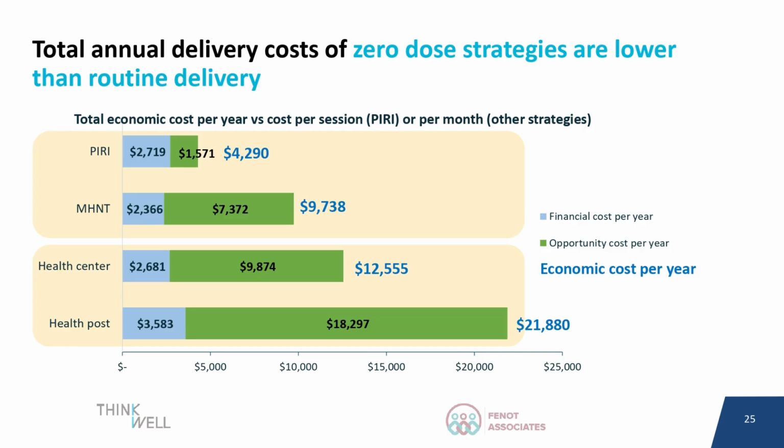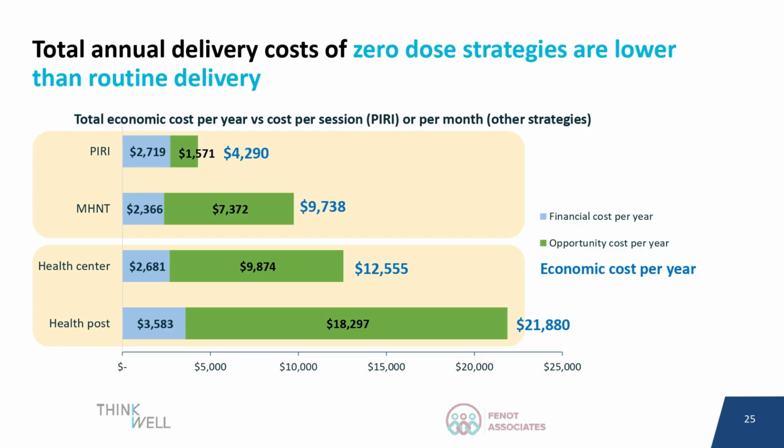And PIRI is a lesser amount of money, about $4,290. From that, about 719 is financial costs, from the total economic cost of 4,290 US dollars.